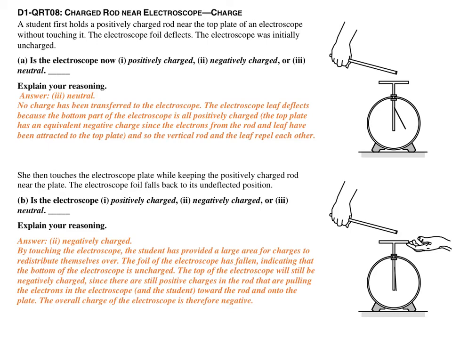So, net positive on the leaf and rod was because of the electron deficiency caused by the positive rod near the plate. Touching the plate resulted in the leaf and rod no longer deflecting, and there's only one way to do that: fix the electron deficiency by adding electrons to the system that were not there before. Okay?